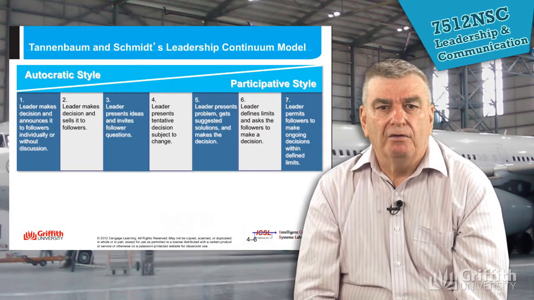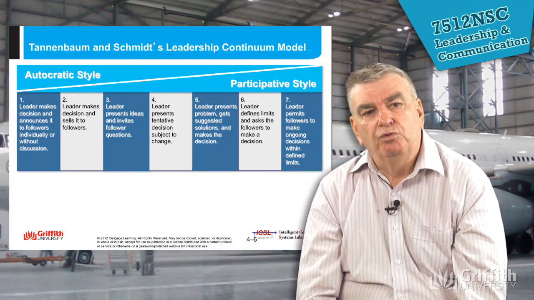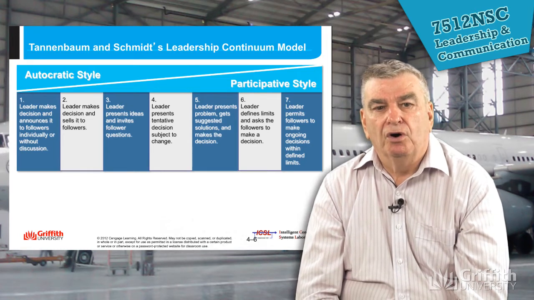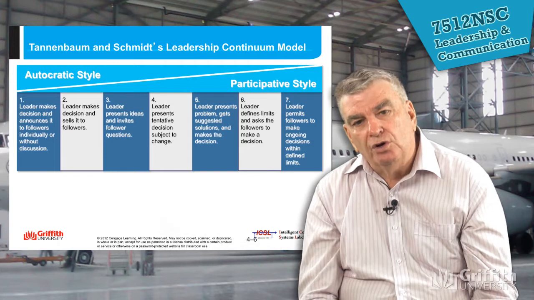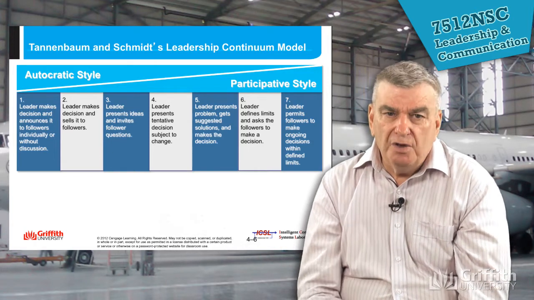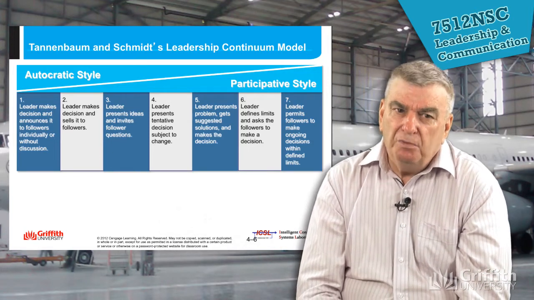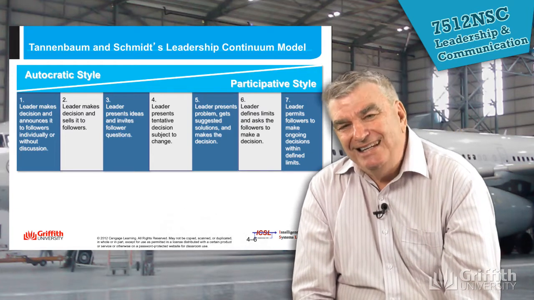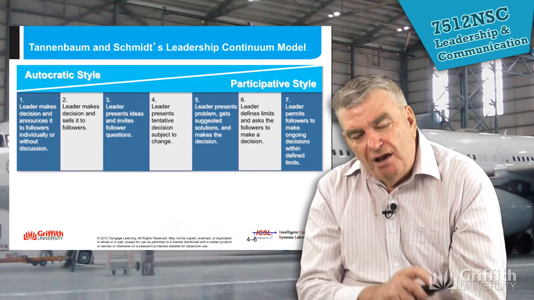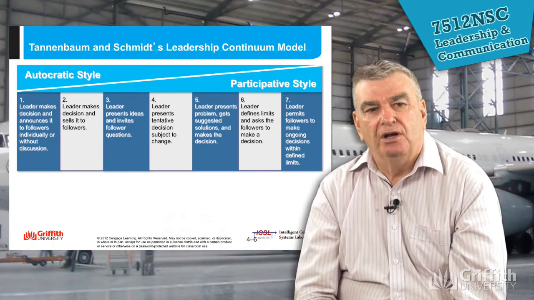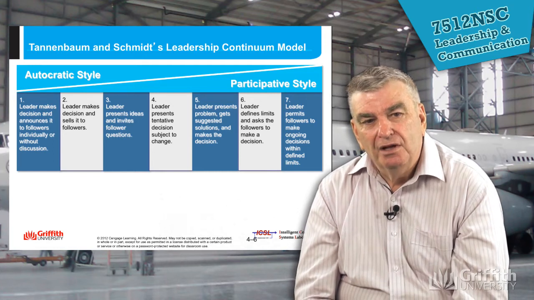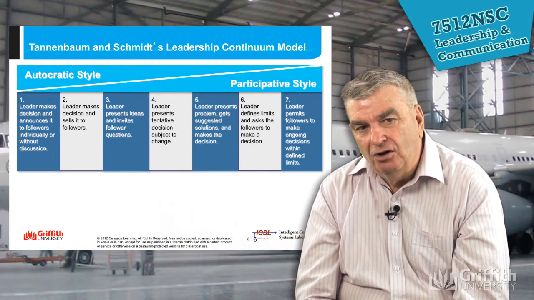We come to Tannenbaum and Schmidt's Model. Now this fits in with what we did back with the University of Iowa model. Iowa looked at whether you were autocratic or democratic. Tannenbaum and Schmidt said, well, you can be autocratic or you can be participative, that is, democratic, but you can have varying shades in between. Now that's important because very often with this model, we can see this in everyday life.